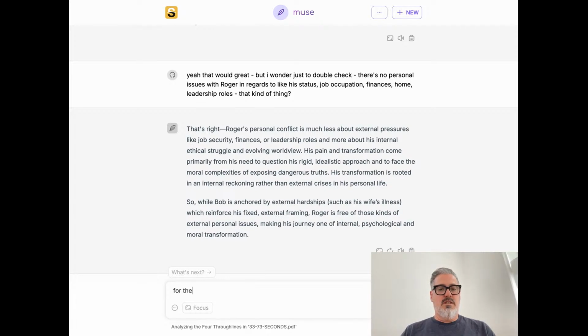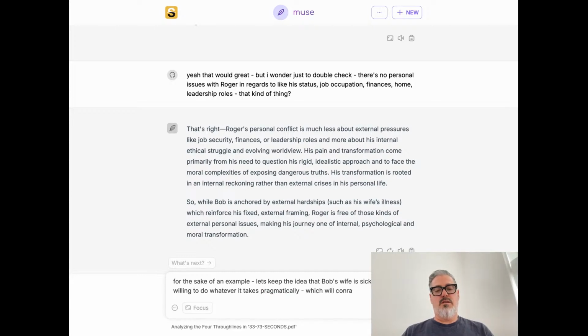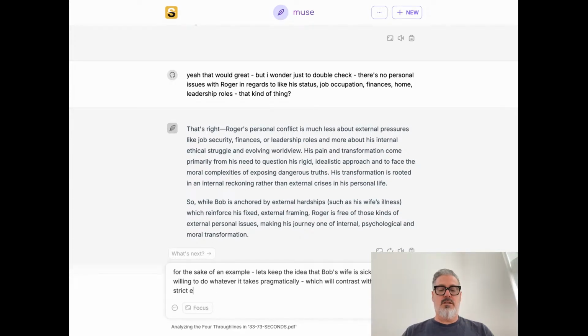So for the sake of an example, let's keep the idea that Bob's sick, but he's going to do whatever it takes, pragmatically, which will contrast with Roger's strict ethical nature.